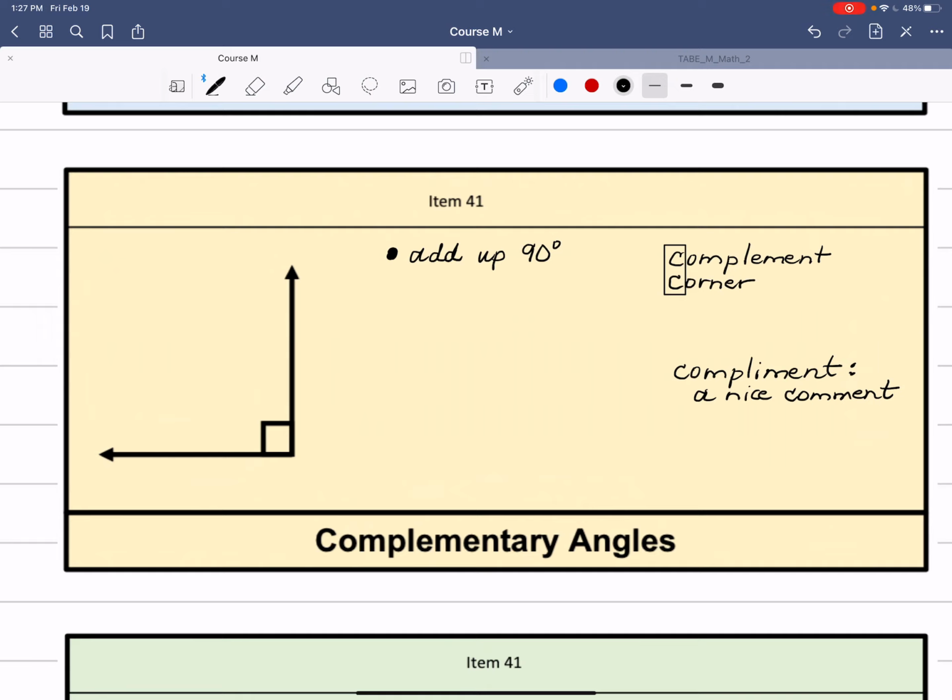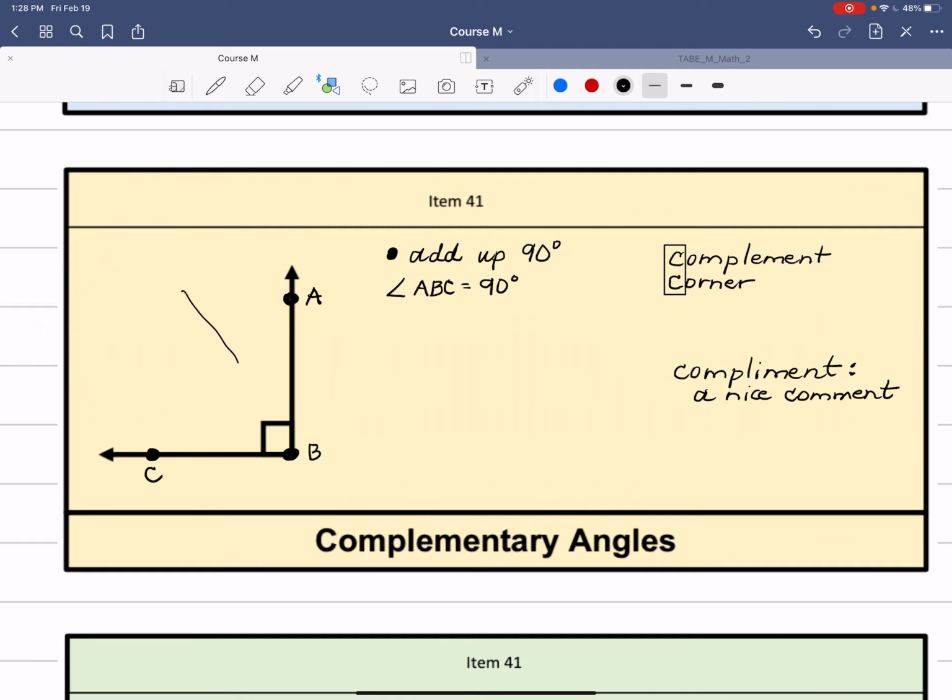So let me show you an example of how this works. Let's draw some points on this corner. And let's call this point A, point B, and point C. So this is angle ABC. We could say that angle ABC is 90 degrees. Now, I want you to draw another ray for me.